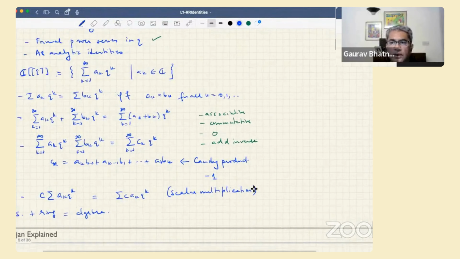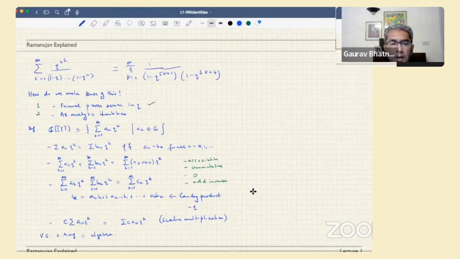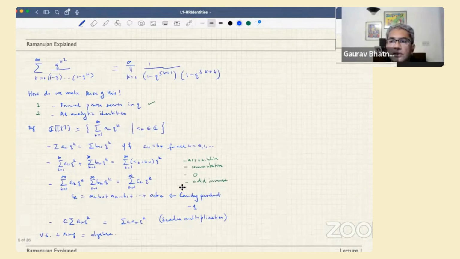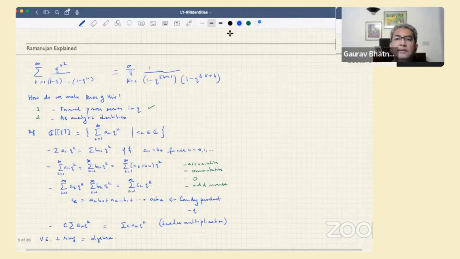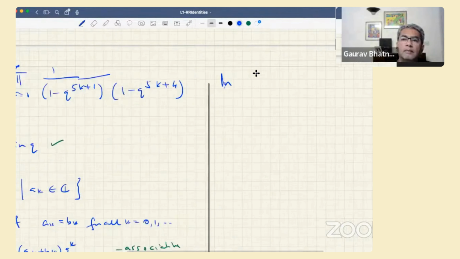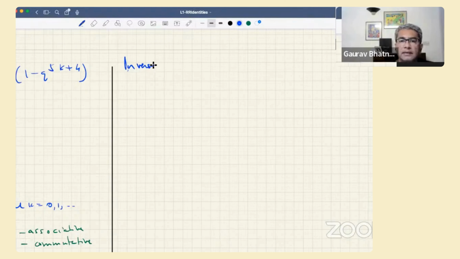So what about invertible elements? There are some invertible elements. So you can do inverses of some elements.